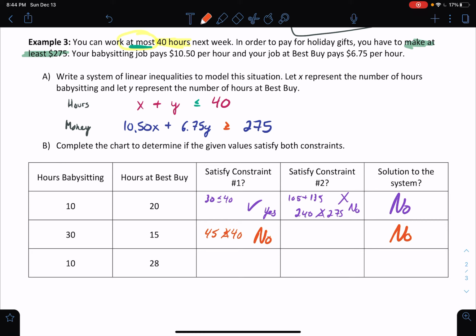All right, what about our second constraint? 10.5 times 30 plus 6.75 times 15. That's 416.25, which is bigger than or equal to 275. So it does work with the second constraint, but since it doesn't work for both, it's done. It does not work for the entire system.